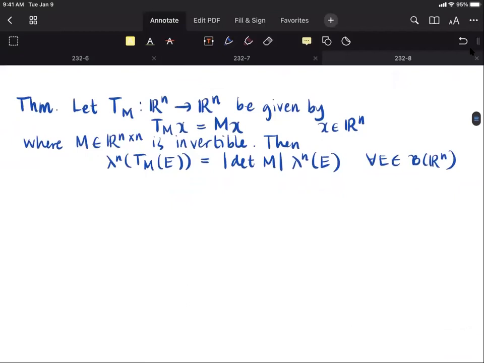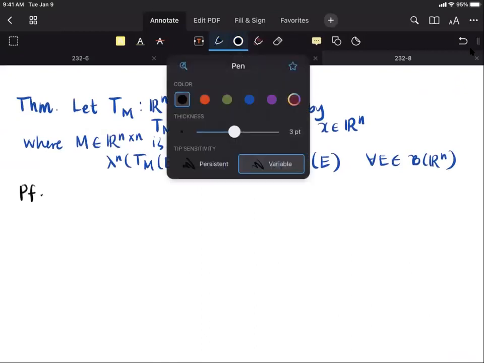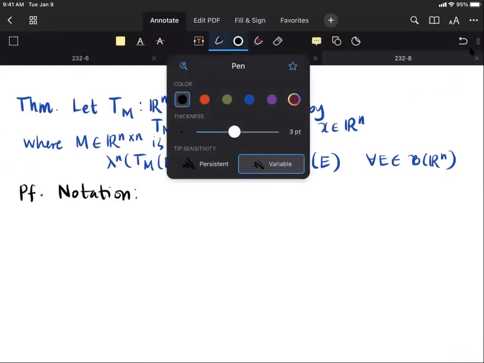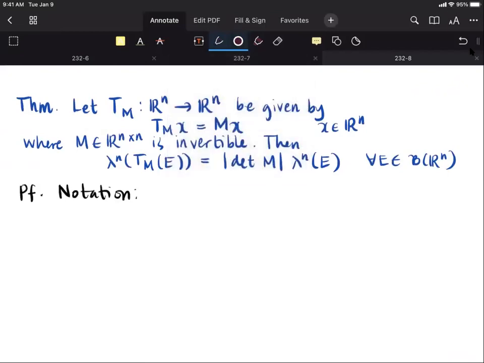So this theorem will be established in several steps. But first, let us consider the following notation. We will denote by M^* lambda_n the image measure corresponding to the map T_M, star lambda_n.